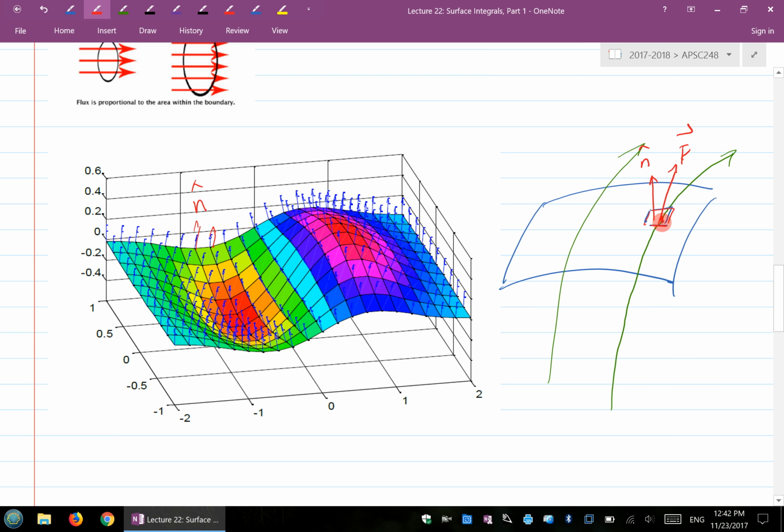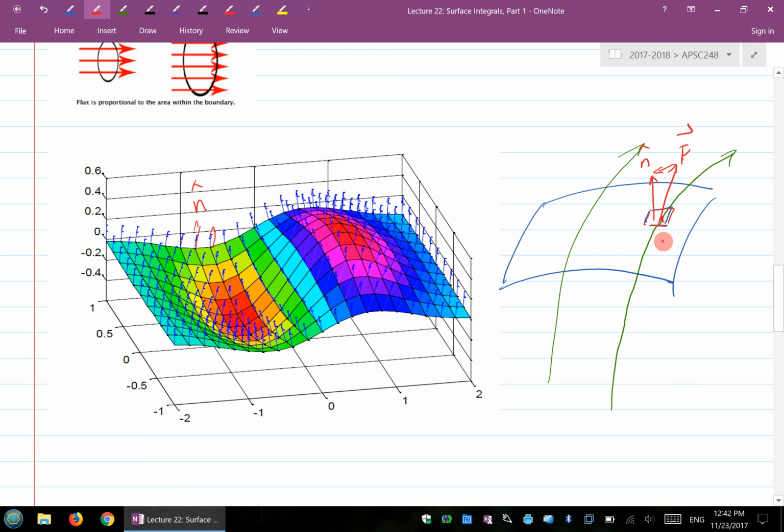So when it comes to the actual effective flow of the quantity through the surface, it's not just this F, because it's not in the same direction as the n hat. What really flows through the surface at that point is the projection of this F in the n hat direction, right?